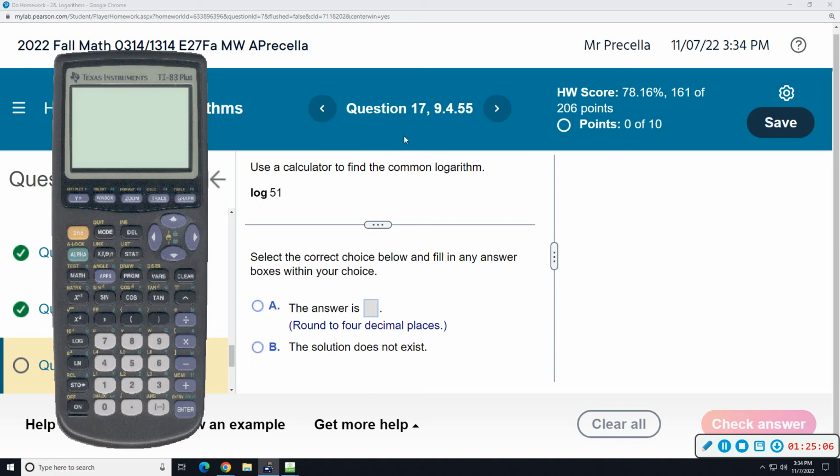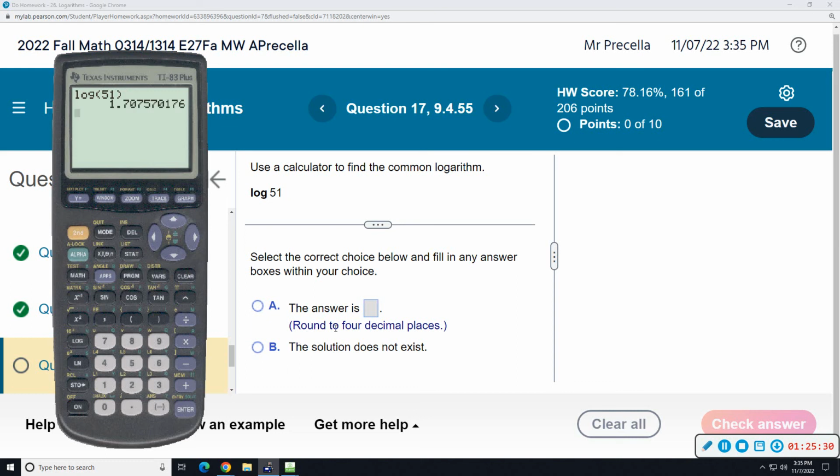So in problem 17, you hit, if I haven't insulted your intelligence yet this semester, I'm about to. You hit LOG, type the 51, and when you're working with a calculator like this one, if it opens parentheses, you make sure you close it. Okay? So that's a little bit different.